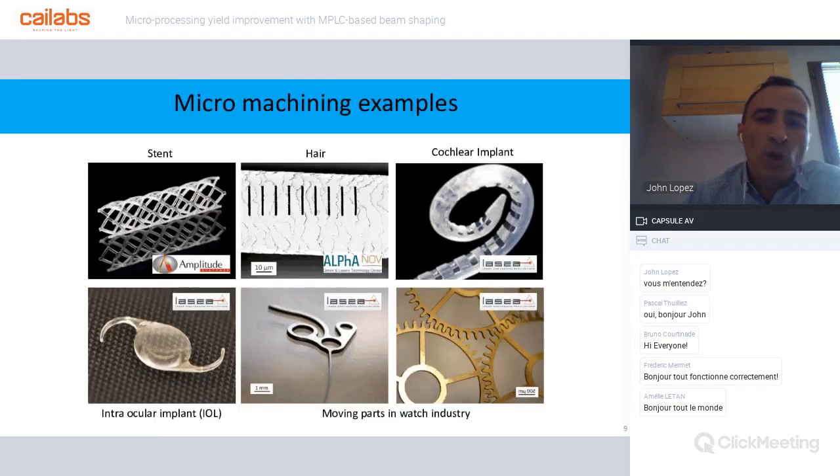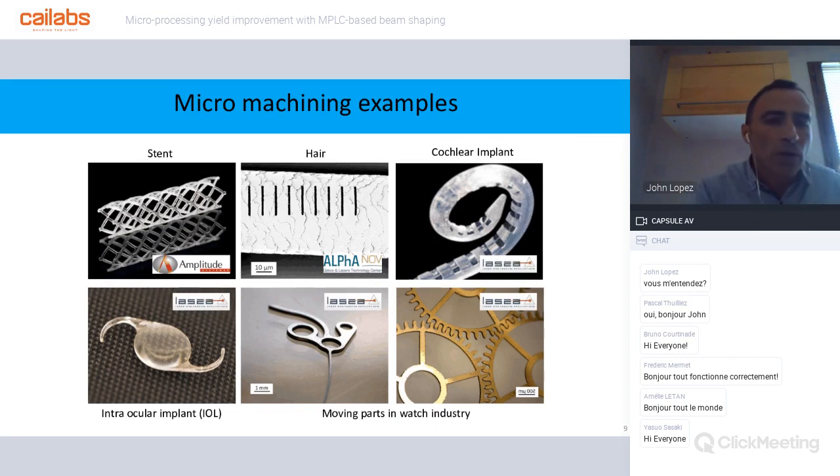On this slide, you can see some examples of micromachined parts. This is a stent cut in a polylactic polymer with an ultrafast laser. This is a demo sample that shows we can be very accurate even on very heat-sensitive material. This is a cochlear implant where the ultrafast laser engraves this part to do selective ablation.